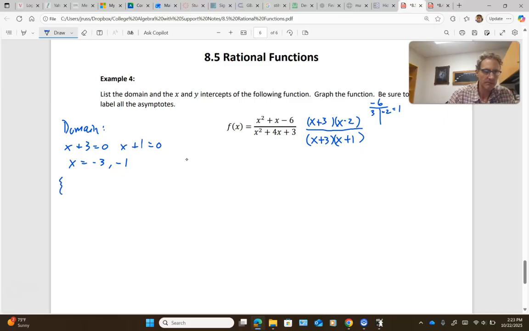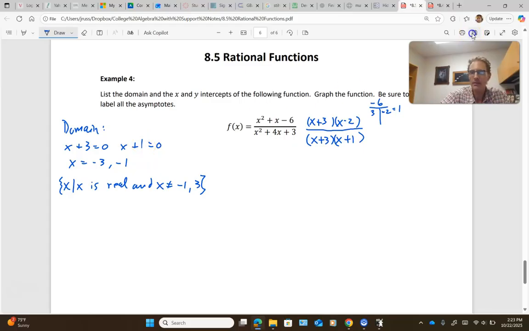We can say the domain is all values of x such that x is real, and x cannot be equal to -3 and -1. And notice again how I put these in order. I put the smaller exclusion first and the larger exclusion second.